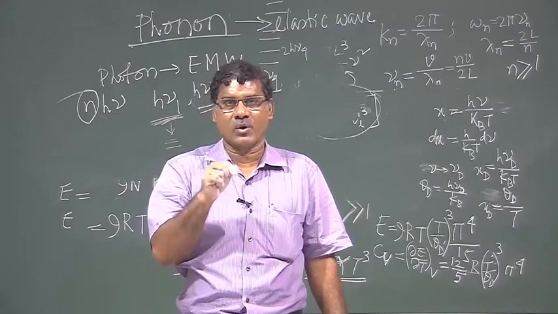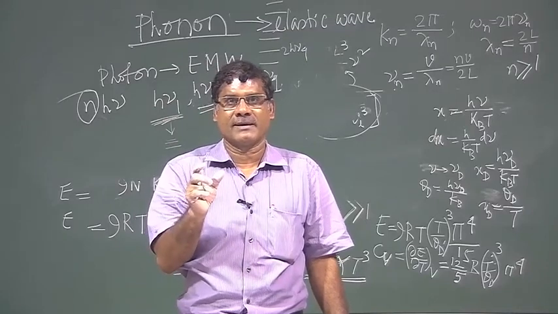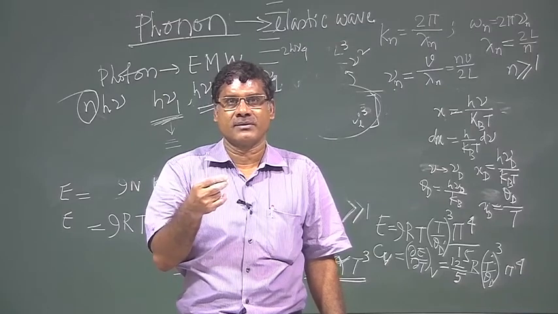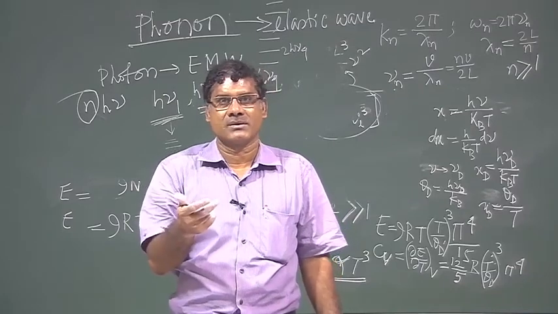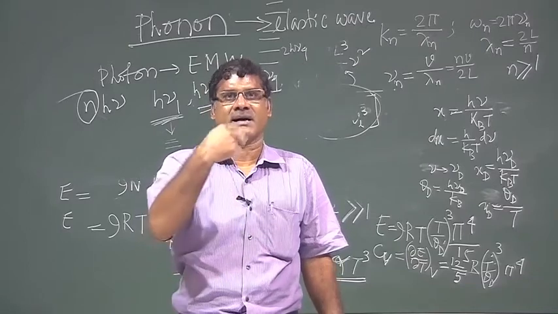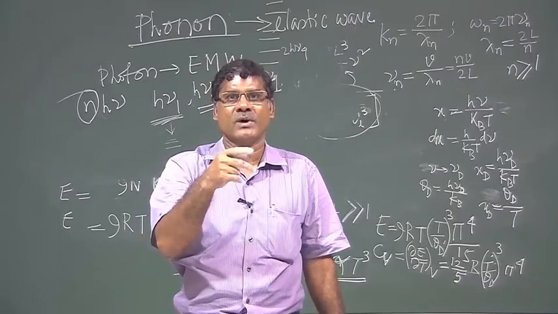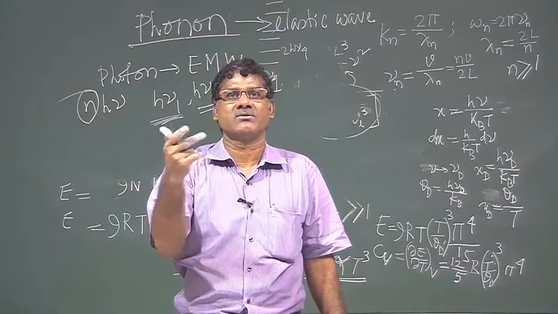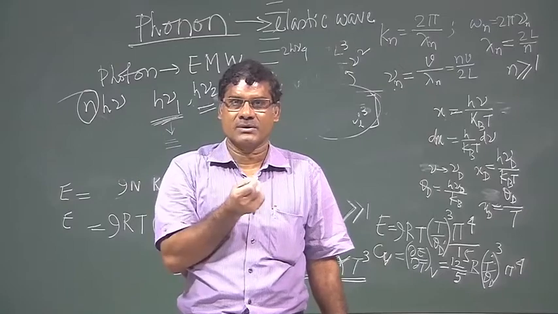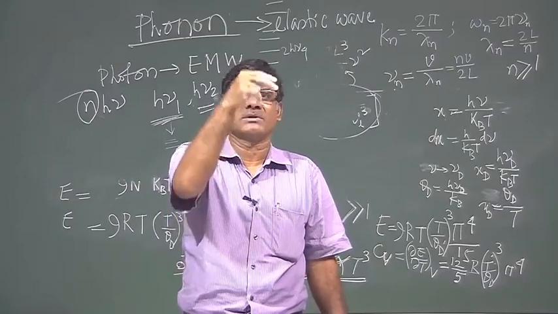But each wave or mode of vibration can consist of a few phonons when it is in an excited state. When it is in the second energy level, it is 2 h nu 1 or 2 h nu 2, etc. So, it consists of 2 phonons, 3 phonons, 4 phonons, n number of phonons.